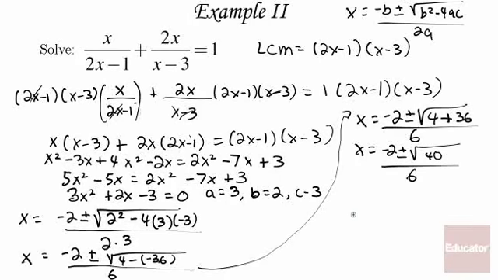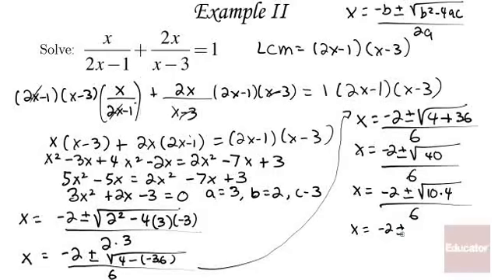Okay. I can simplify this a bit because I do have a perfect square under here. This can be rewritten as 10 times 4. And since 4 is a perfect square, I can take the square root of that and get x equals negative 2 plus or minus 2 radical 10 over 6. So I've taken the square root of that.